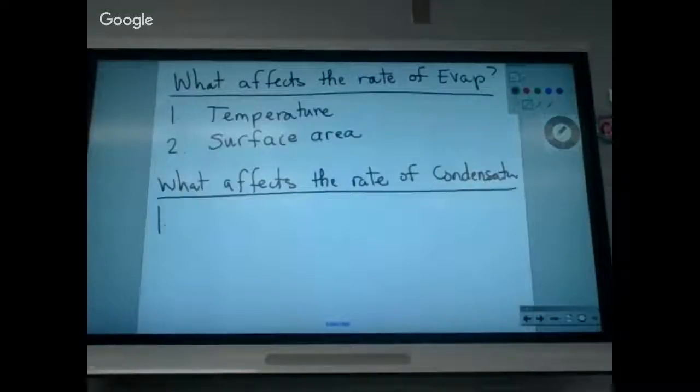Now, what affects the rate of condensation? All right. Condensation is affected by what? Not volume. It's a new vocabulary word, but I'm looking for something that means the vocabulary word. Well, it starts with a C, but I'm looking for something that means that.